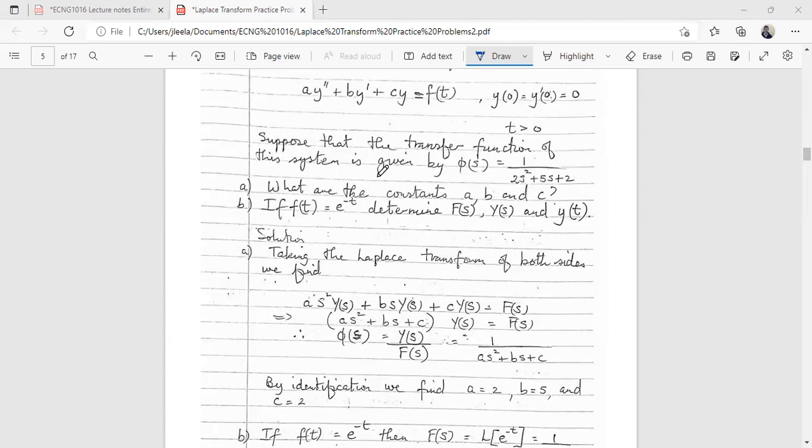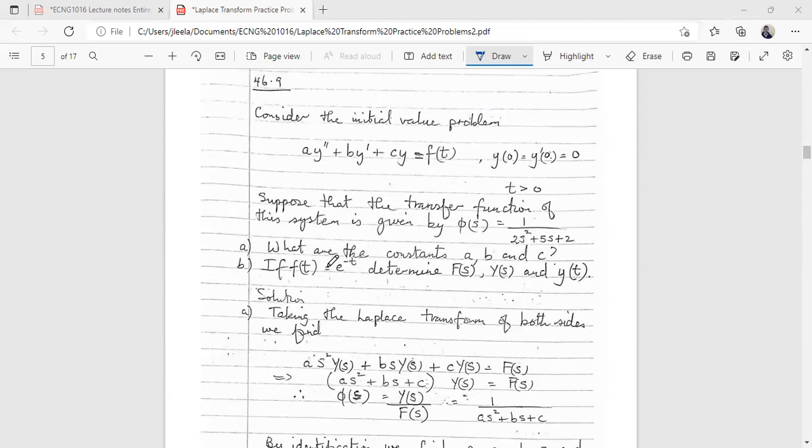So taking the Laplace transform of both sides, remember this y double prime will be s squared Y(s) minus s y(0) minus y prime(0).